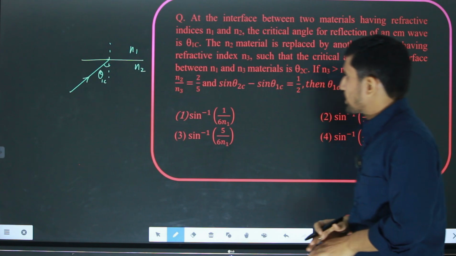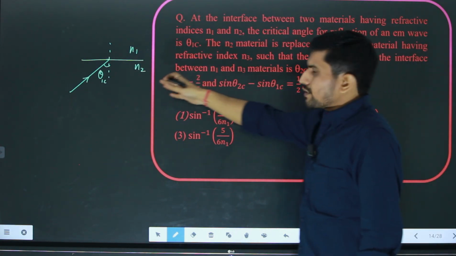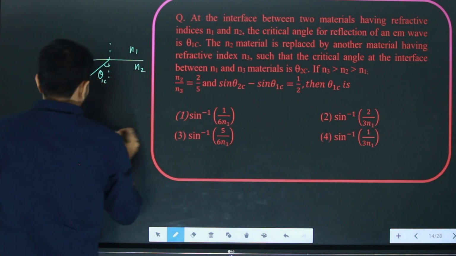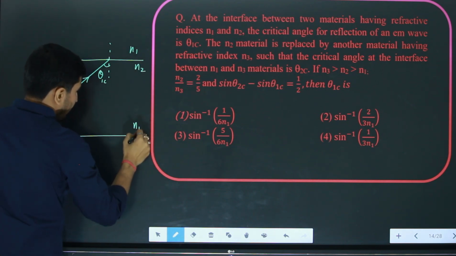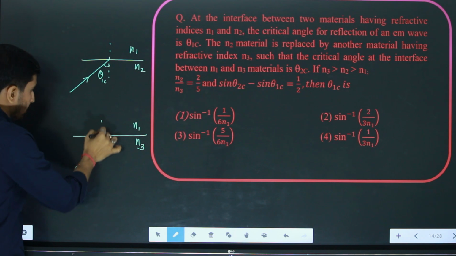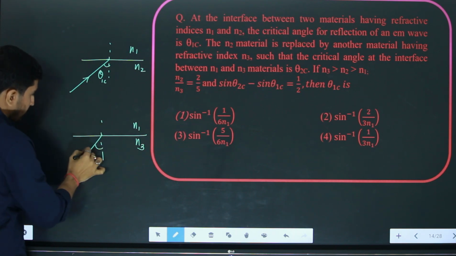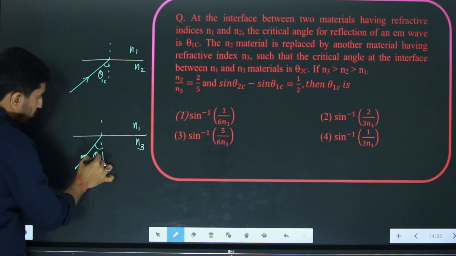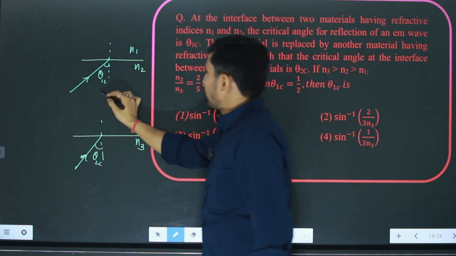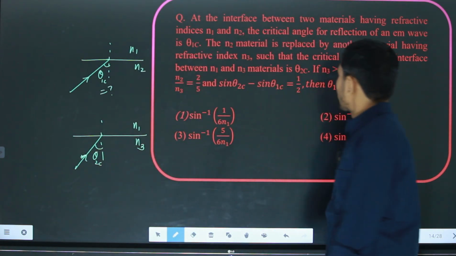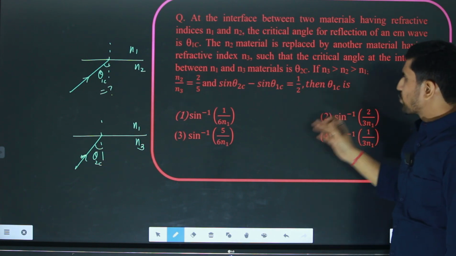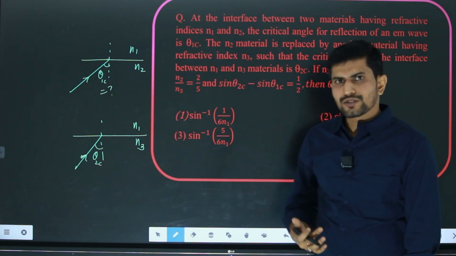Critical angle is theta 1c. Now, according to the question, if I replace this N2 with N3, the critical angle becomes equal to theta 2c, okay? And we have to calculate the value of this theta 1c. Now some data are given, and this question will be a bonus question, okay?